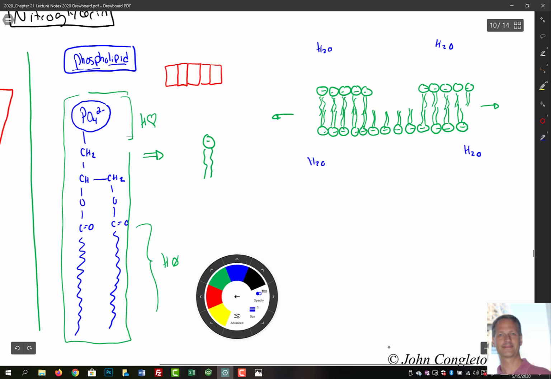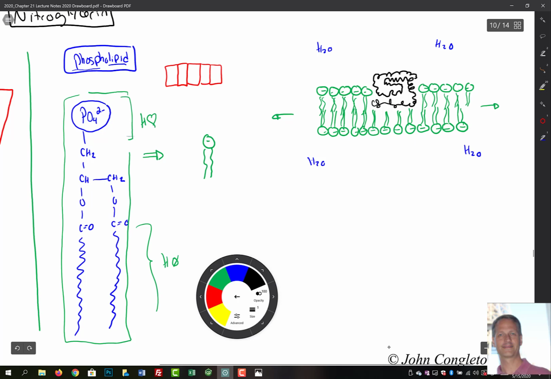So this would be maybe extracellular, and intracellular maybe down here below. And the other thing that happens here too is that in these membranes we can get proteins embedded in there. So we have proteins that are all hanging out down here with their tertiary structures. So you have helices, there's some beta pleated sheets, right? It doesn't matter, but just draw in like a bunch of squiggly things here.